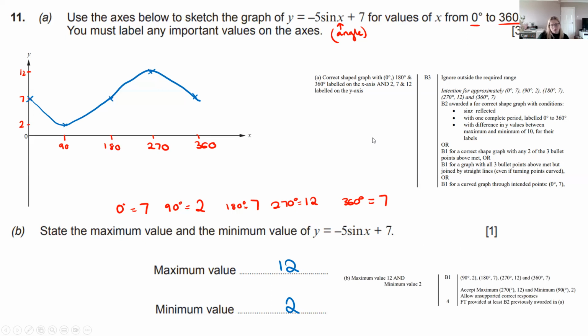And the last one, you got 1 mark for the maximum value of 12 and the minimum value of 2. All I've done is read that from my graph, which I'd already done in the previous working. And there we go, 4 marks for that. Hope this made it a little bit simpler. All I'm doing is inputting the angle as I go through, using my key points up to 360.